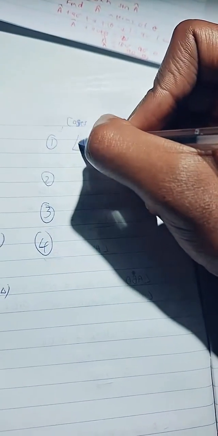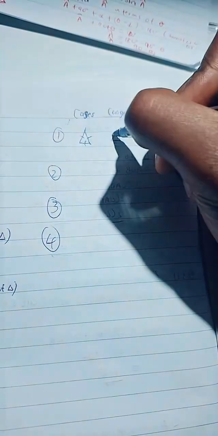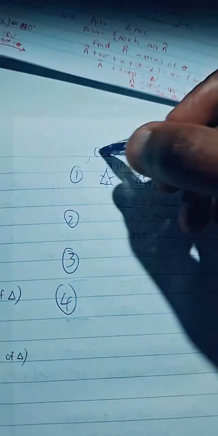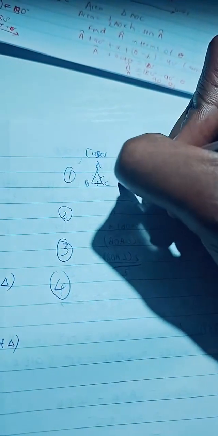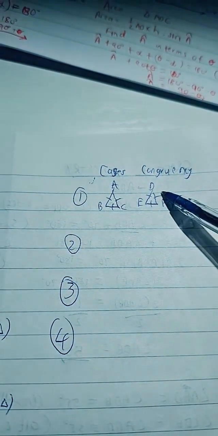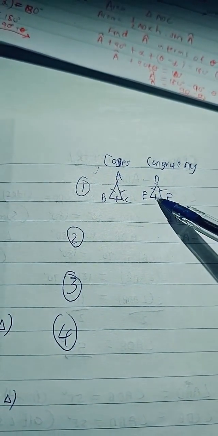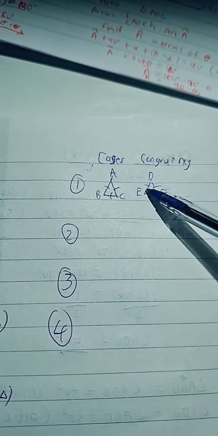The first one is what we call SSS. Okay. When in a triangle, let's say this is triangle ABC, let's say this is DEF. Let's say we were able to prove that AB is equal to DE, AC is equal to DF, and BC is equal to EF. Do you see that we proved one side?